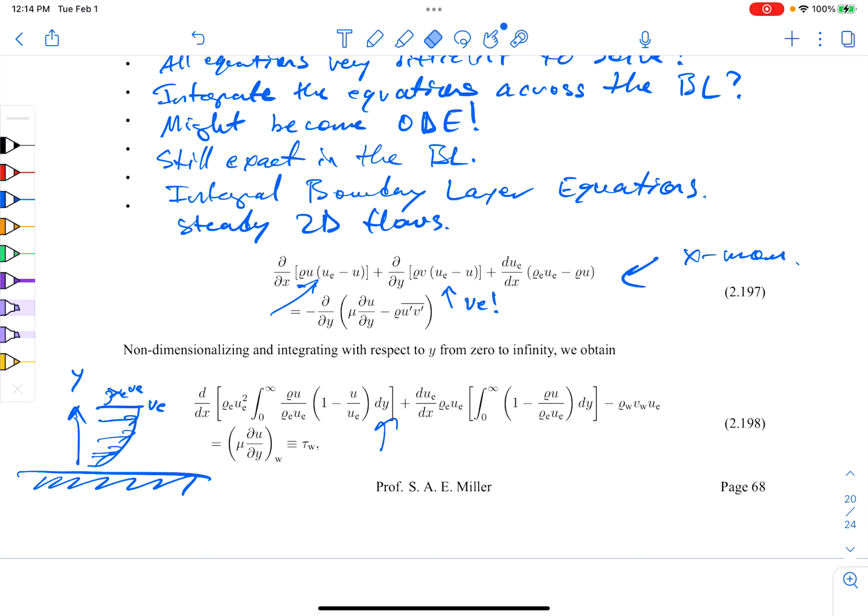That should be rho_e u_e. So even way out here, this is u_e, or rho_e u_e, right? Because it's just a nice plate flow or something like that. So these terms should be going away. 1 minus u over u_e should be going to 0 at high values.